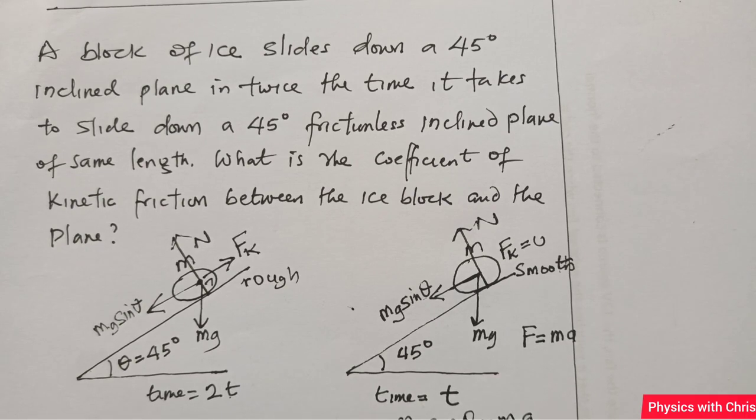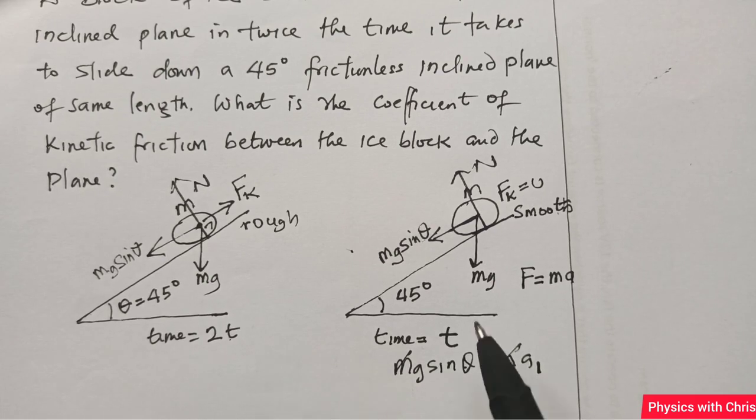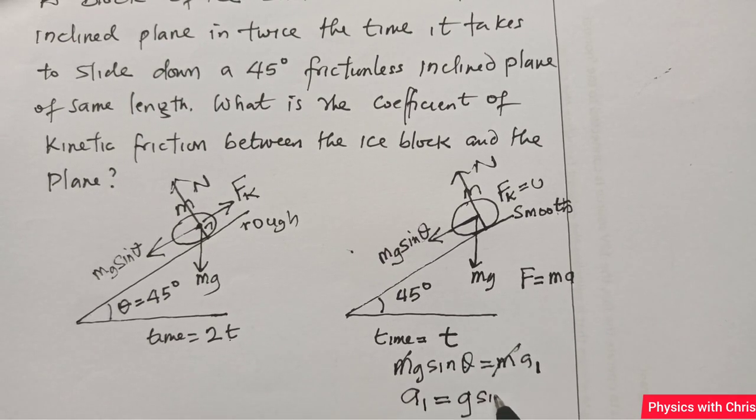That is to say the resultant force, which is mg sine theta, equals ma. So this mass cancels out this mass. Which means I can call this a1, the acceleration of the ice block sliding down the smooth inclined plane. So my a1 is g sine theta.